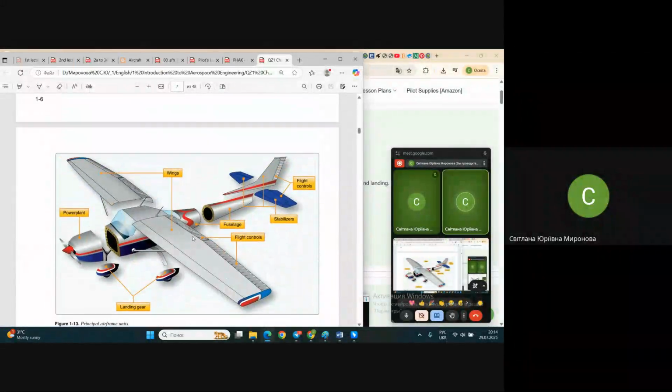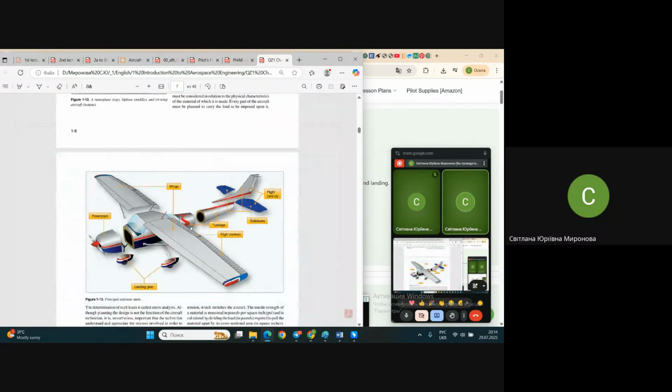What is interesting for us right now? In flight the airplane is loaded with external loads, and these external loads may be of some kinds of nature. Above all, of course, it's the weight of the aircraft structure itself.